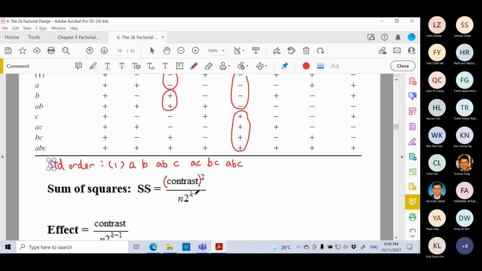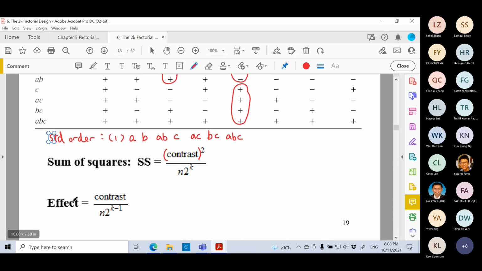Whereas if you want to know the effect, it is the contrast divided by n times 2 to the power of k minus 1. So both of them have a common term, called the contrast. If I give you the effect, you can calculate the contrast, and then from the contrast, you square it and divide by n times 2 to the power of k, and you can find your sum of squares. So these two can be linked together.